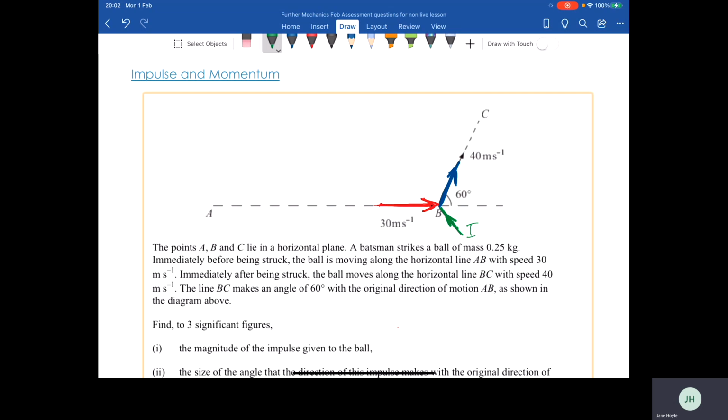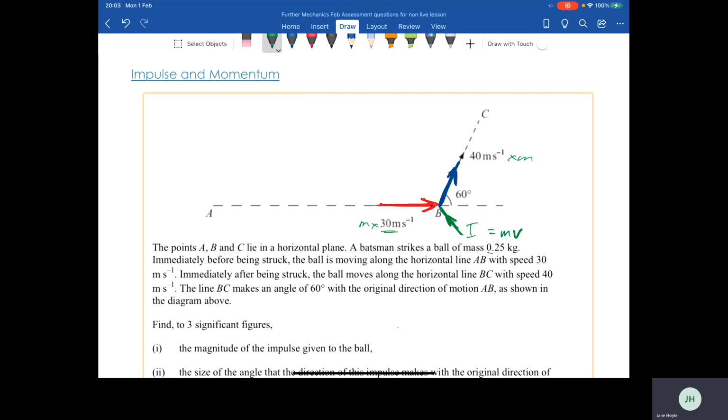Now, because impulse is a mass times a velocity, it is a vector product. It means that we can consider these 3 different vectors on the same diagram if I write it not as 30 but as m multiplied by 30. And similarly there, I'm going to write that as 40 multiplied by m.